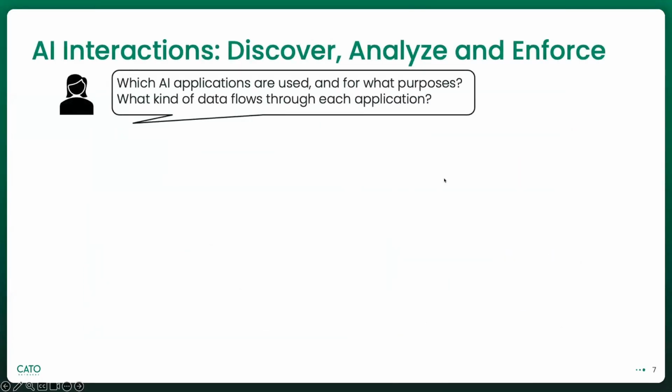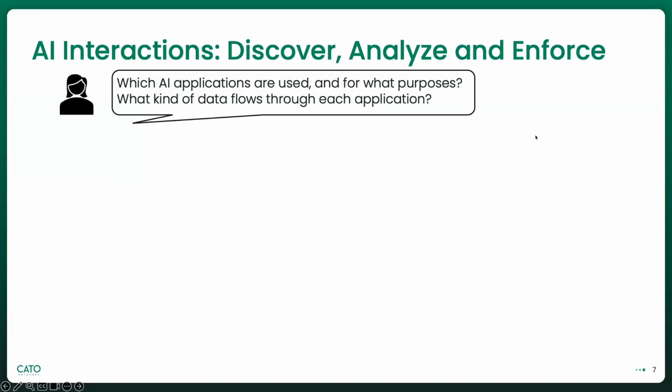So now that we're focusing on AI interactions for end users, it's important to keep in mind the persona that we're talking to. So it could be an IT person or a security person, a CISO, a CIO, and usually what they care about is, as we said, discover, analyze, and enforce. But if we're really listening to what they're saying: which AI applications are used in my organization and for what purposes?